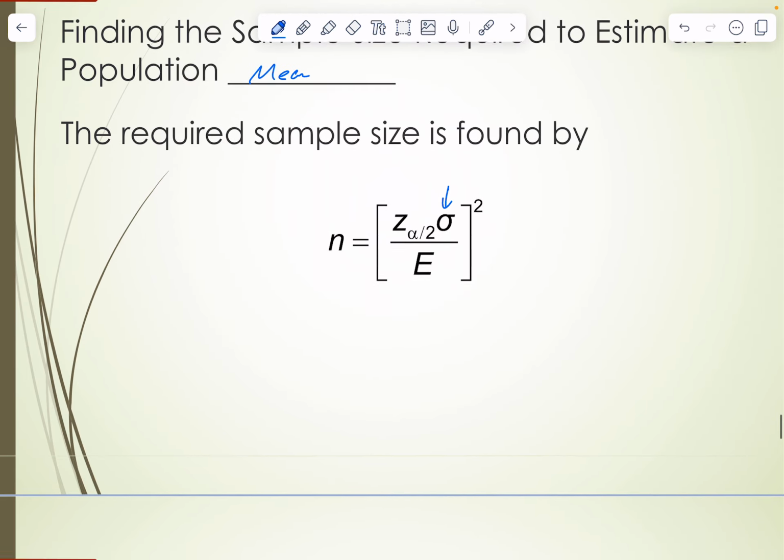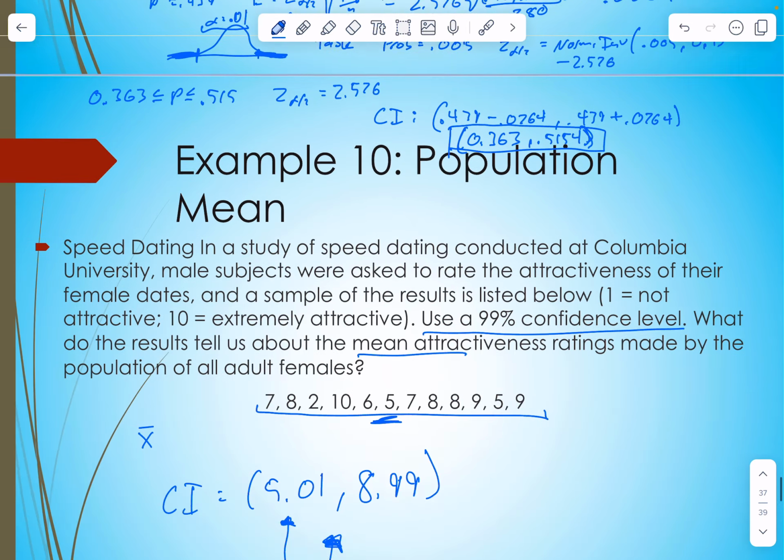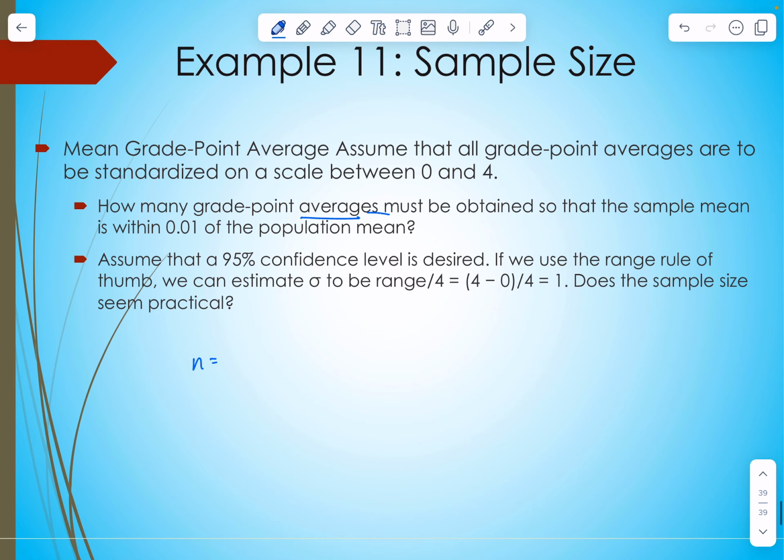Here it is. So n equals z alpha over 2 times sigma over e, all of this squared.